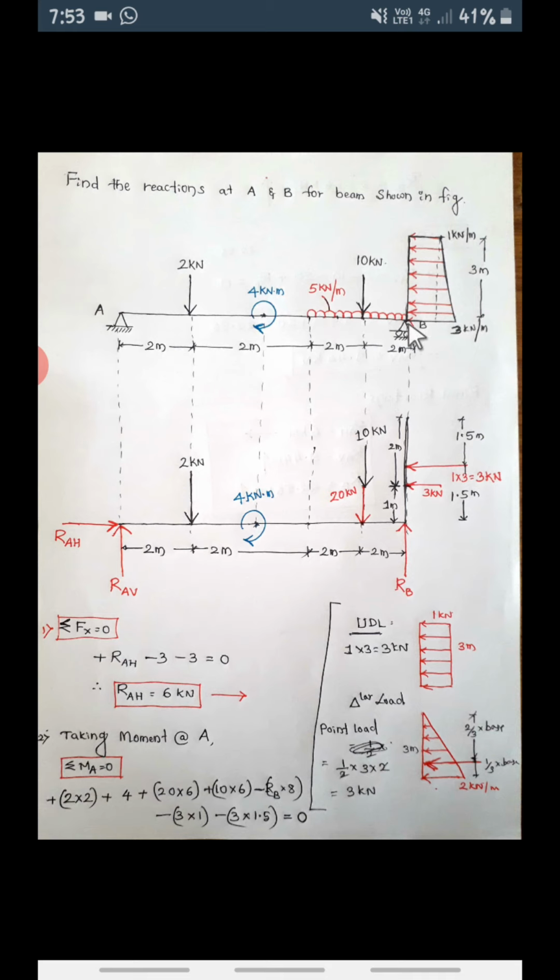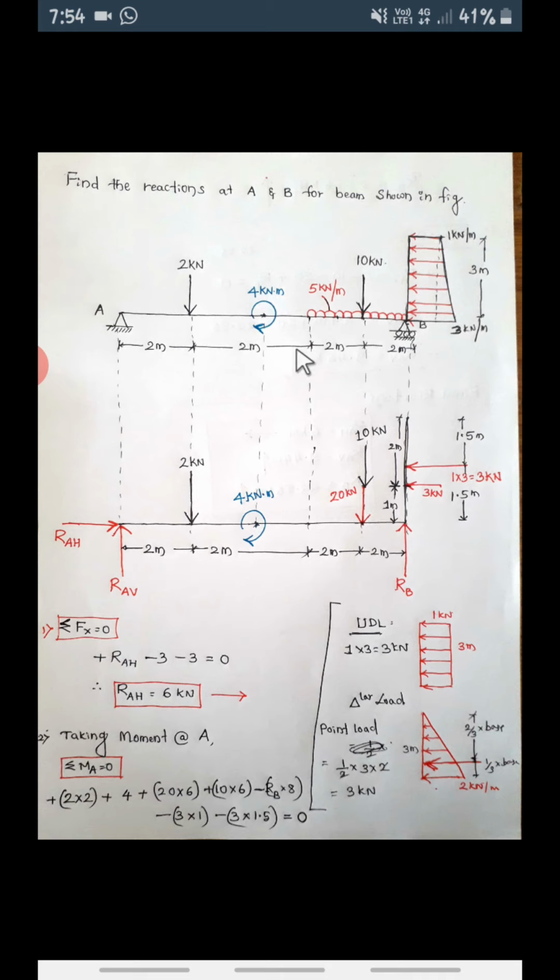Now first we're going to convert this UDL. How to convert UDL into point load? See the intensity. This is 5 kilonewton per meter acting for a length of 4 meters. So 5 into 4 is 20 kilonewton. This is a 20 kilonewton point load, converting the UDL into point load. And where is this point load acting?